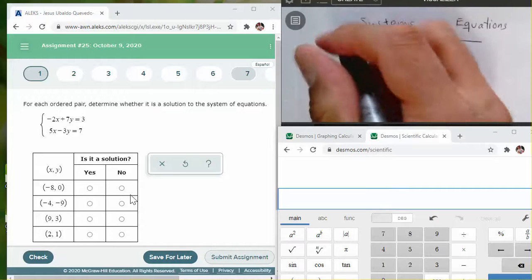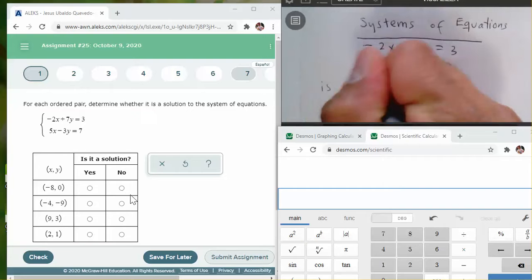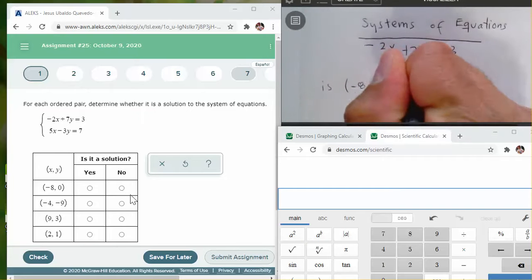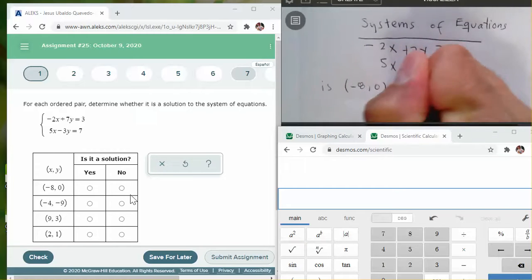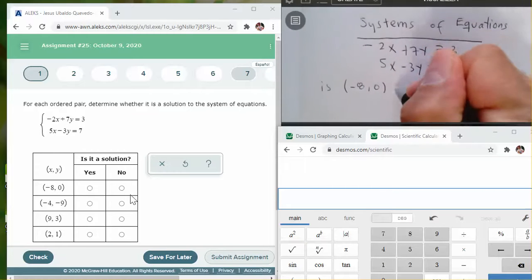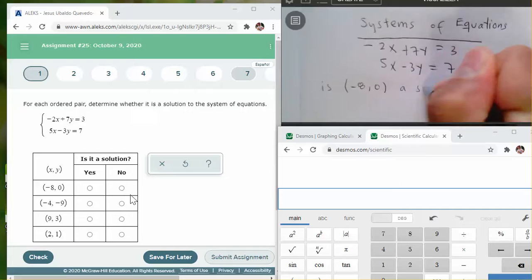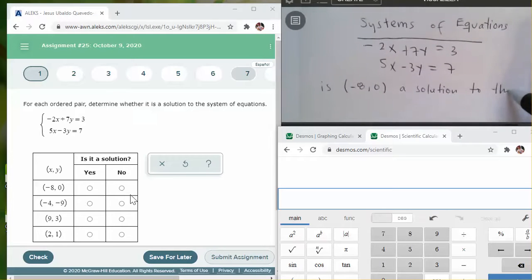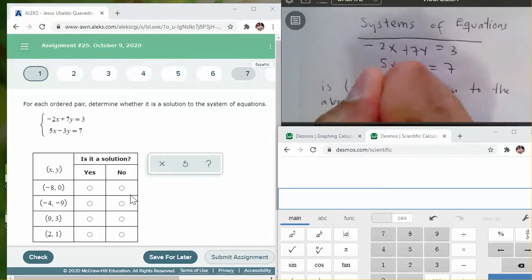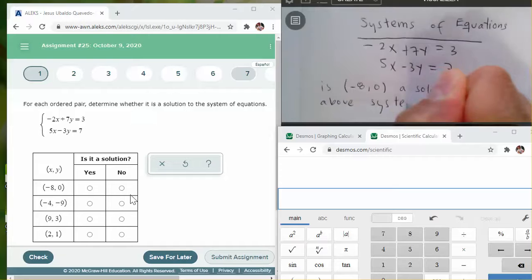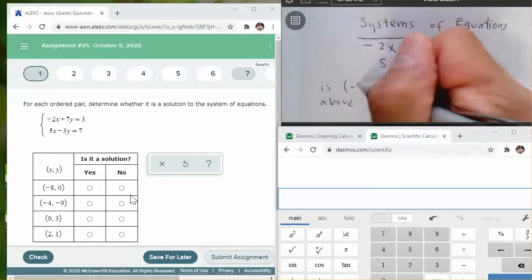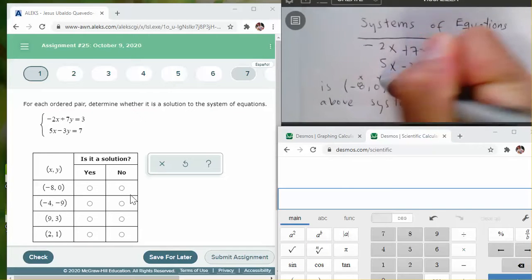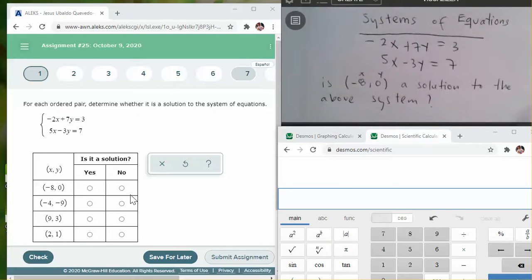Now, they're asking me, is negative 8 comma 0 a solution to the above system, for example? So this is x and this is y. Then what we need to do is to substitute it.